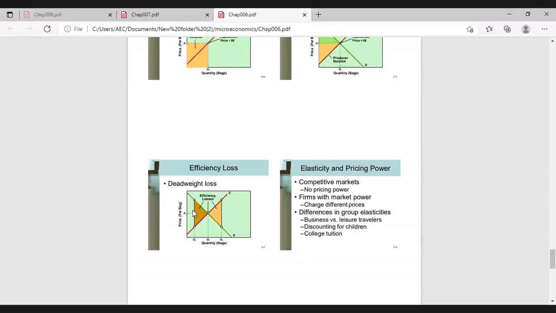In a competitive market, market demand and market supply determine the price. Each seller cannot influence the price. So in a competitive market, we can achieve economic efficiency, both productive efficiency and allocative efficiency.